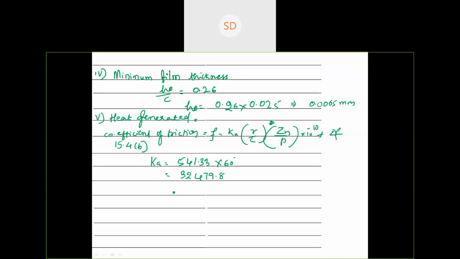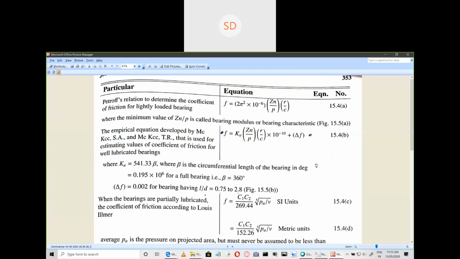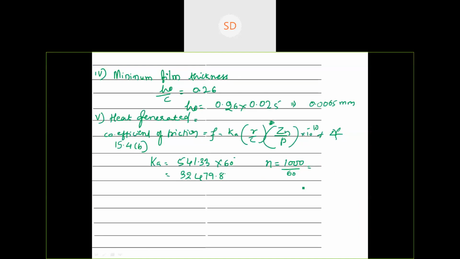Now you got a value of K. Now in this case, speed has to be in RPS, that is revolutions per second. How much will you get? Speed 1000 by 60, that is 16.66, okay, revolutions per second.